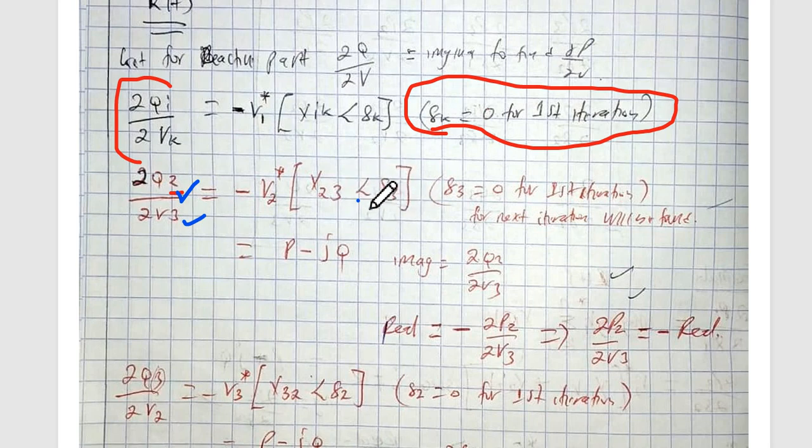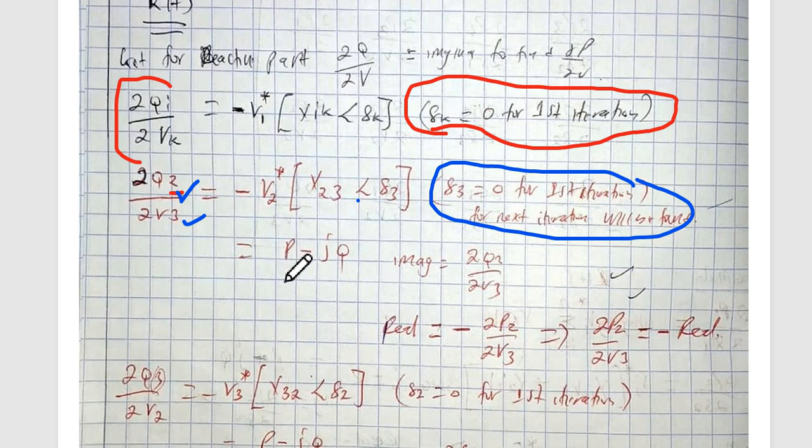Like we said, there's no vk, you only pick the angle, so angle del 3, but for the first iteration it's very simple because del 3 is 0. I'm only stressing angle del 3 because for the second iteration you'll be required to insert that angle.